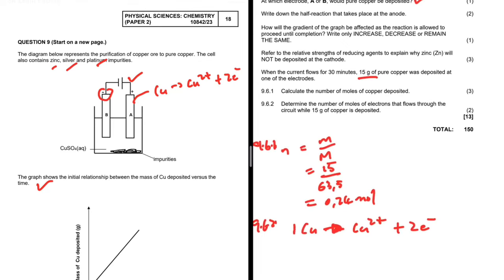For 1 copper atom, we have 2 electrons. So if the number of moles of copper is 0.24, then that of electrons should then be 0.48 moles. So there we go.